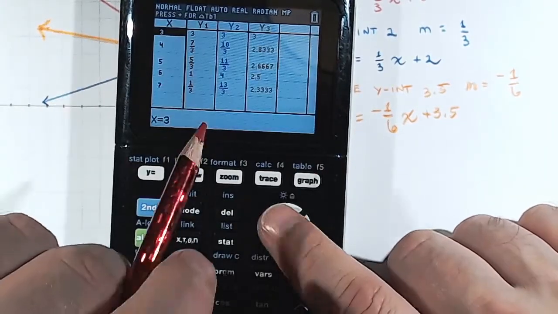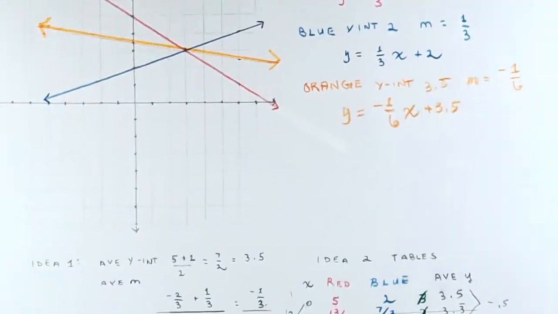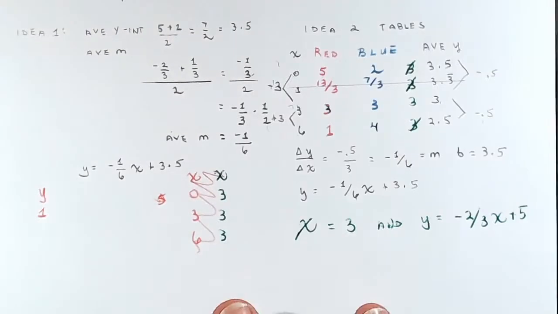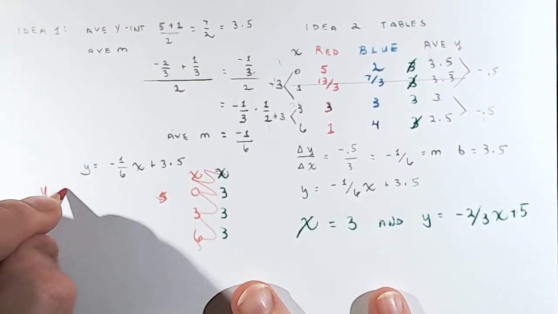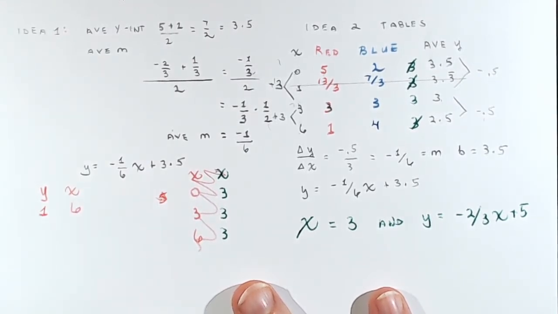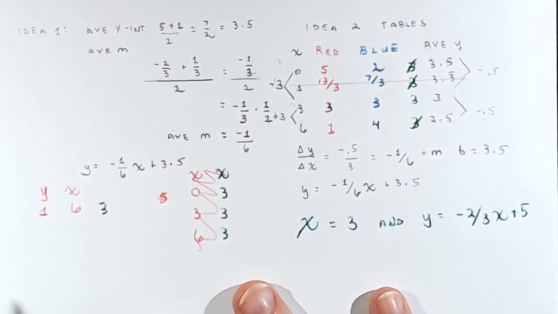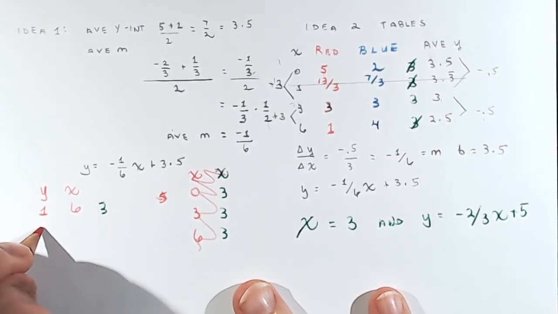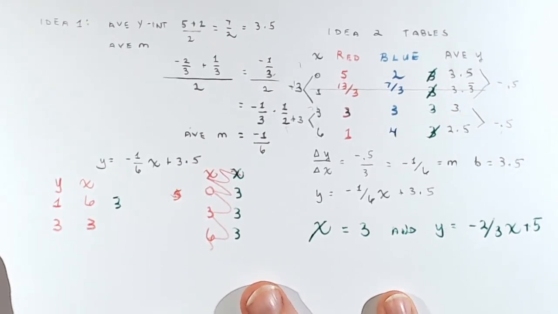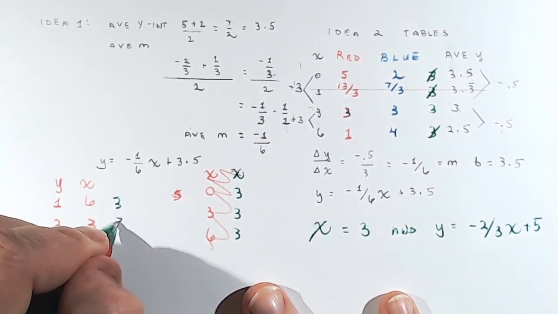Okay. So when y is 3, x is 3. When y is 1, x is 6. For my green, when y is 1, x is 3. Now when y is 3, my x value is also 3 for my red line and my vertical line.